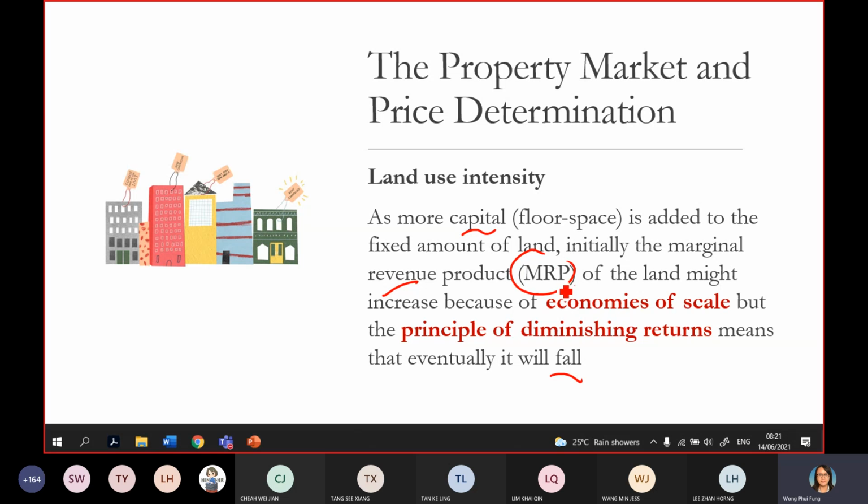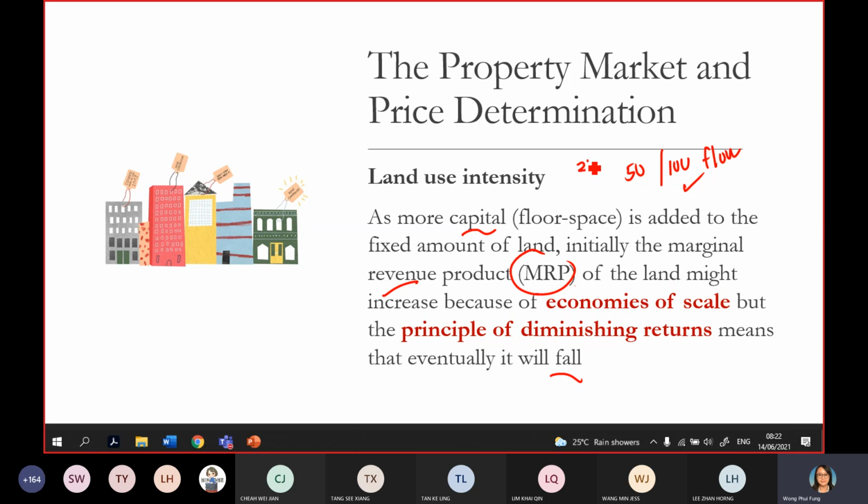Okay, so this statement is actually asking you, we say that we can build higher ma? Do you think it is possible we can build 50 floors, or 100 floors? Because we say we want to improve the land productivity, then we build 100 floors lah.